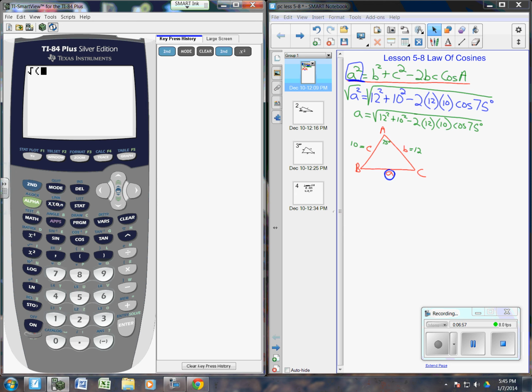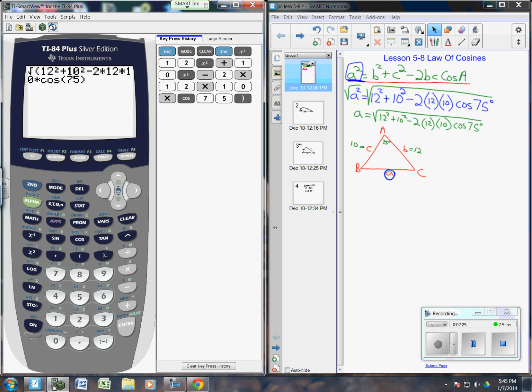And we're going to put in 12 squared plus 10 squared minus 2 times 12 times 10 times the cosine of 75 degrees.